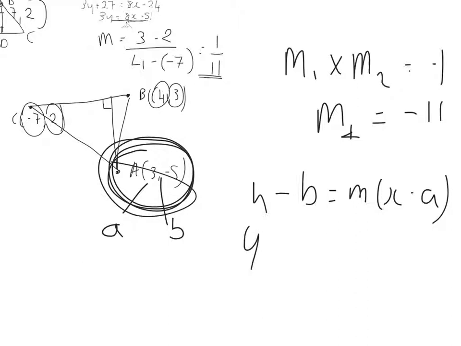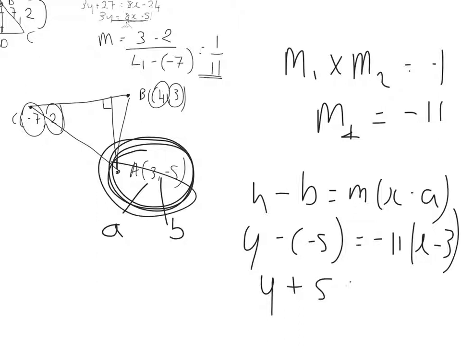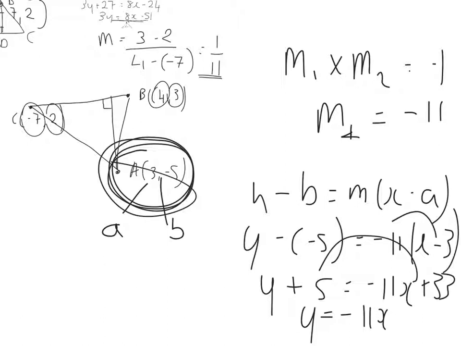That'll be y minus -5 is equal to -11 bracket x minus 3. So y plus 5 is equal to -11x plus 33. Bring that over, and y will be equal to -11x. Change the sign to plus 5, and that will be plus 28.